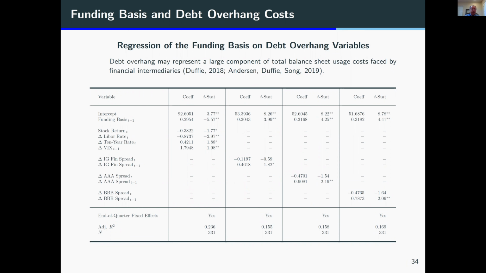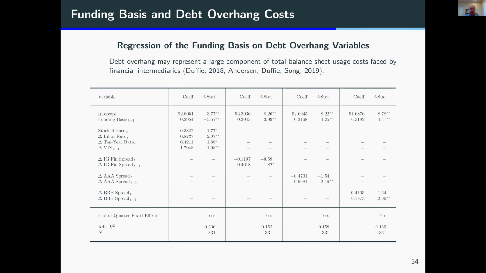It's ambiguous whether they're debt constrained or equity constrained, but we just use some variables that have been suggested in the literature and put them in, along with different credit spreads. Bottom line is that there seems to be a lot of support for this debt overhang theory here.